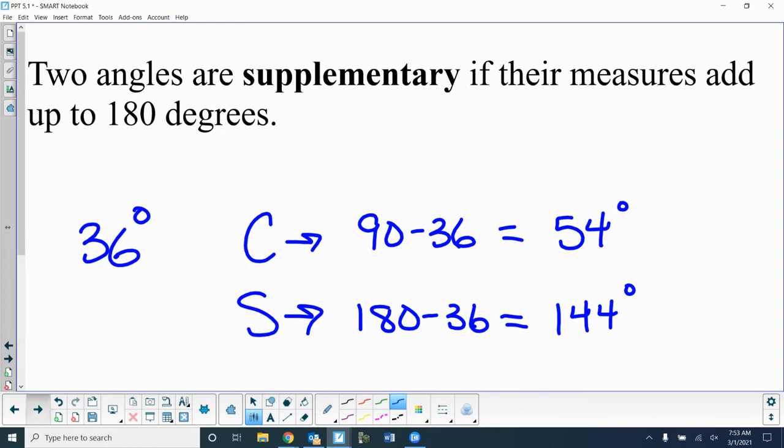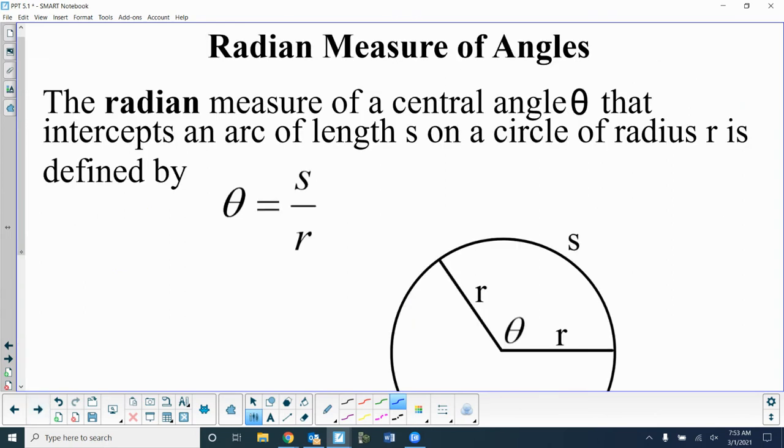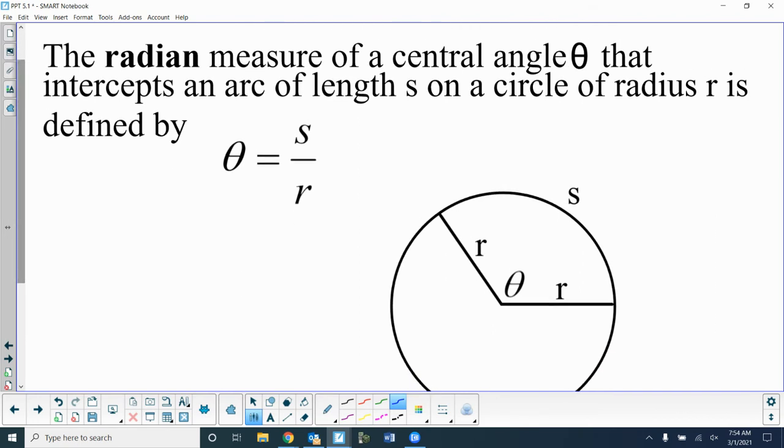All right, getting to something a little bit different, radians. Most of the time we talk about angles in degrees, but when we start talking about trig, we talk about radians as well. It says a radian is a measure of a central angle, right? So you'll see this symbol, that's called theta.